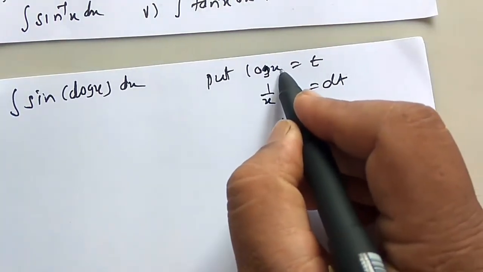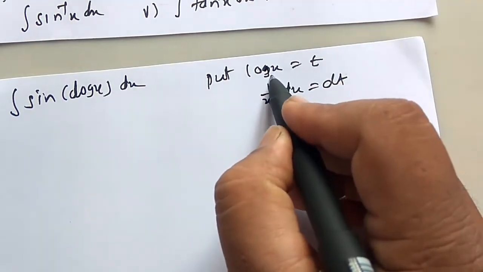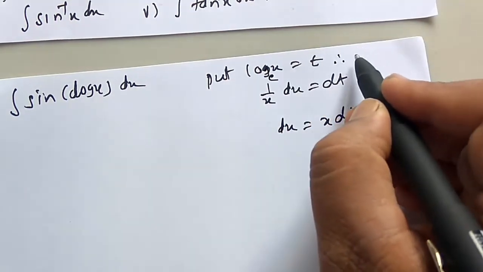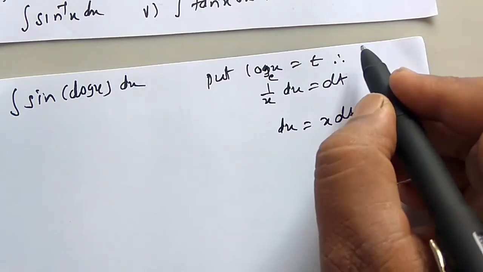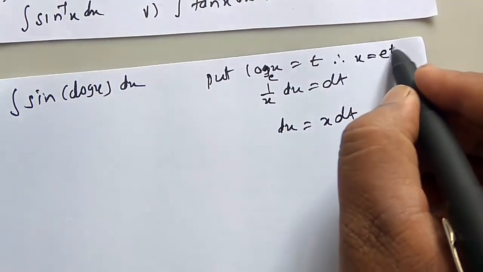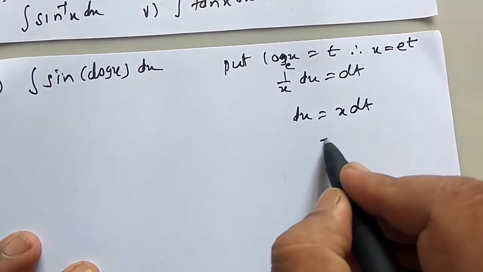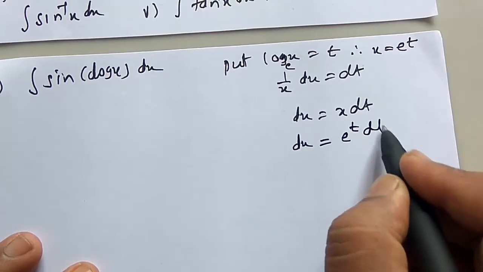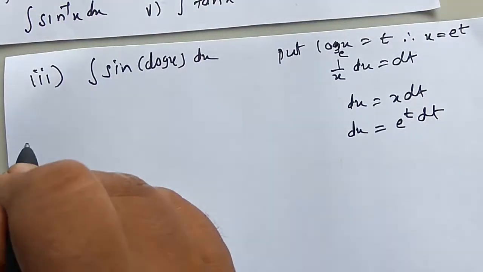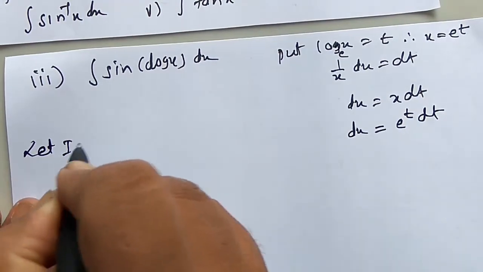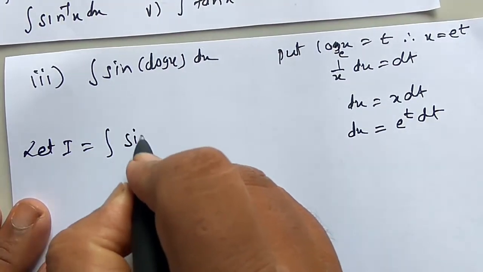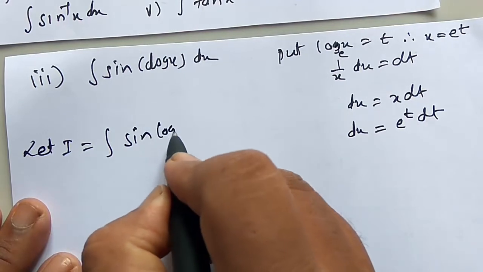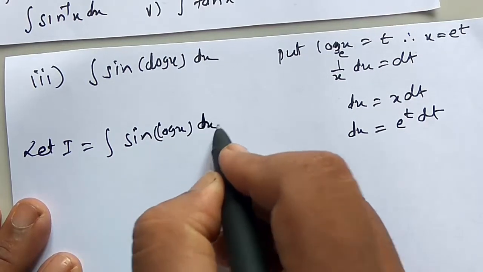Here log of x is equal to t, its base is e, and therefore x is equal to e raised to t, and therefore dx is equal to e raised to t dt. Now, the given integral, I take I is equal to integration of sine of log x dx.